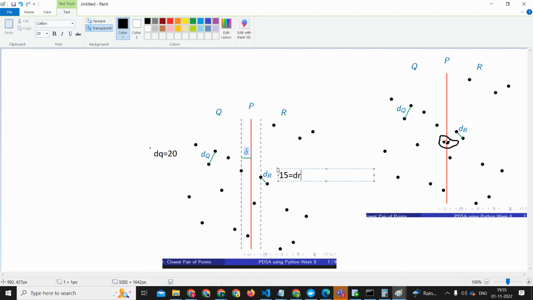We are taking it as an example. So delta is going to be what? The minimum, 15. Very good, delta is 15.